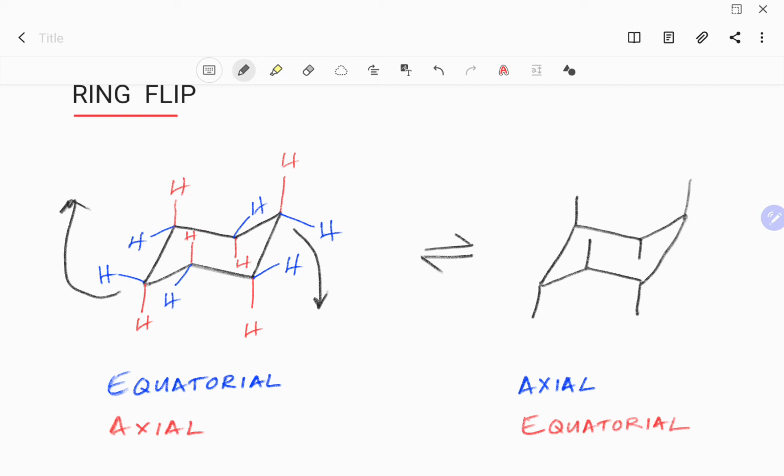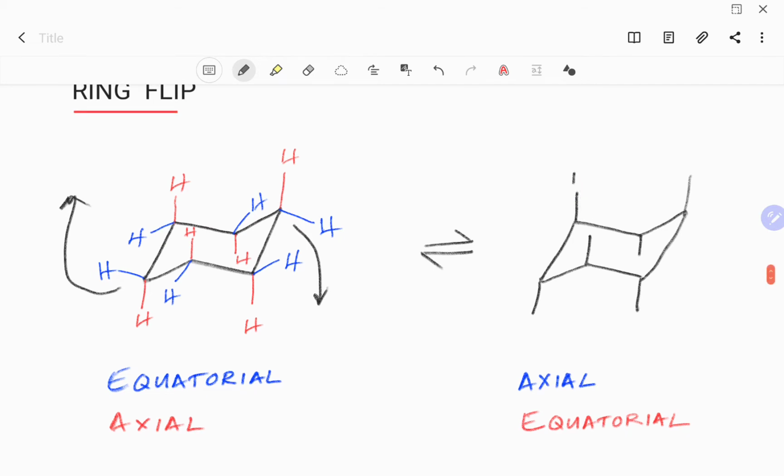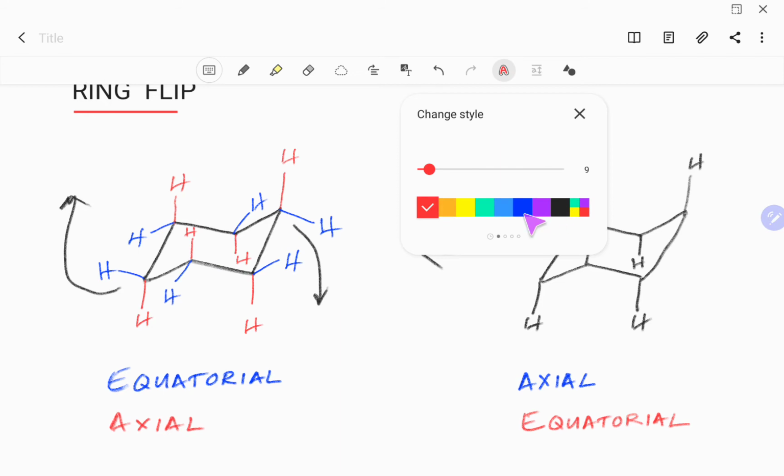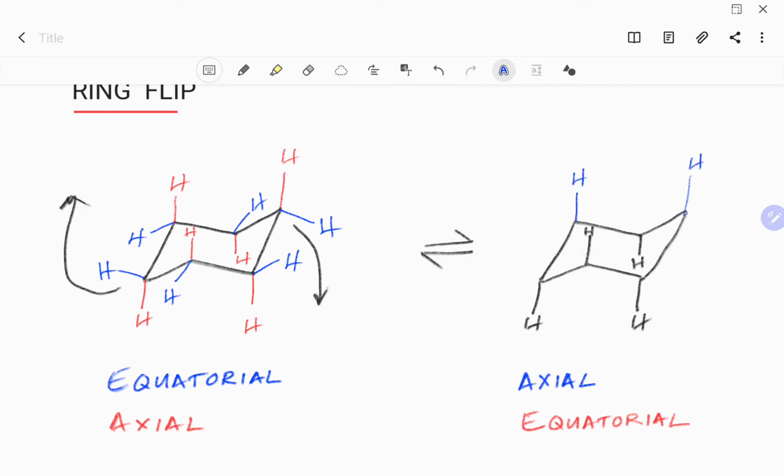Remember, after a ring flip, all the axial ones, the ones in red, go into equatorial ones. So these axial bonds were equatorial before, so they should be blue in color. Now they are axial, but they were equatorial before.